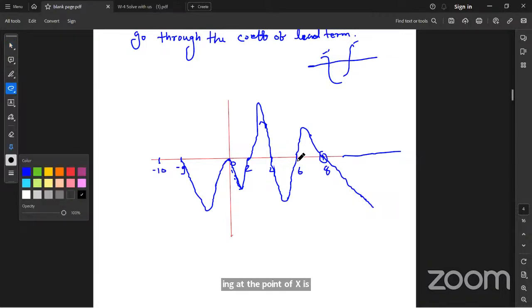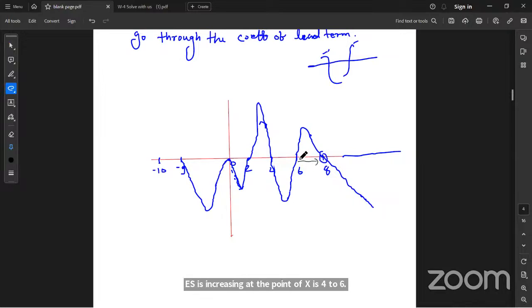When you move from 6 to 8, firstly the polynomial is increasing, right? And at a certain point from here, the polynomial is directly going to decrease, right?